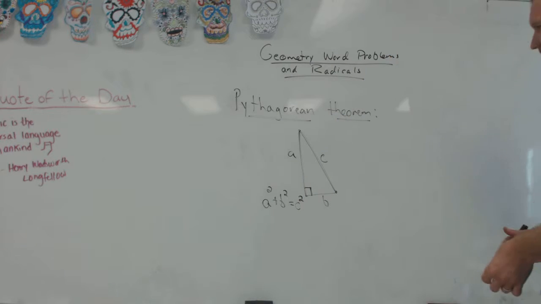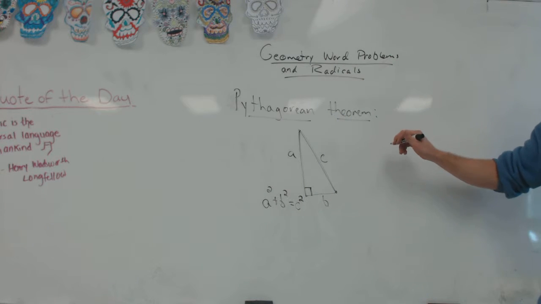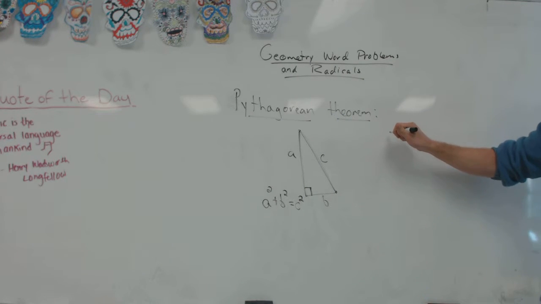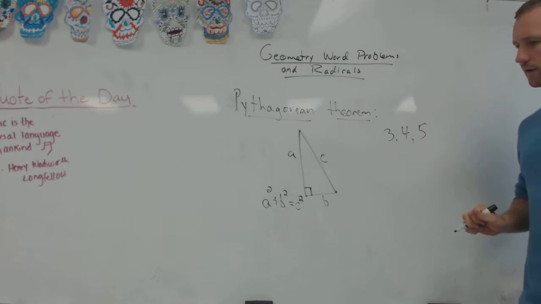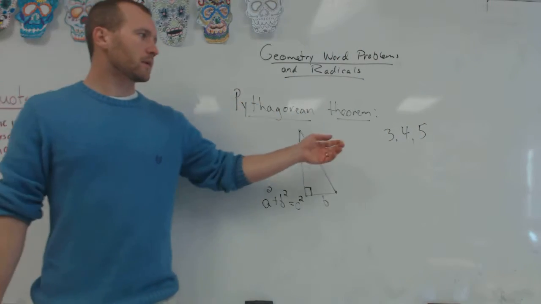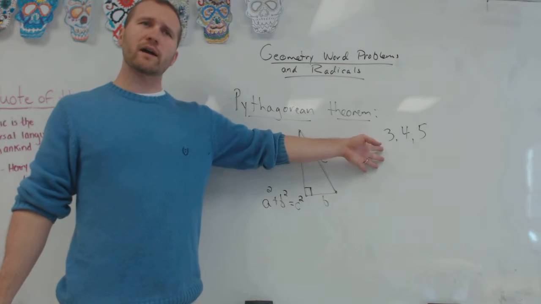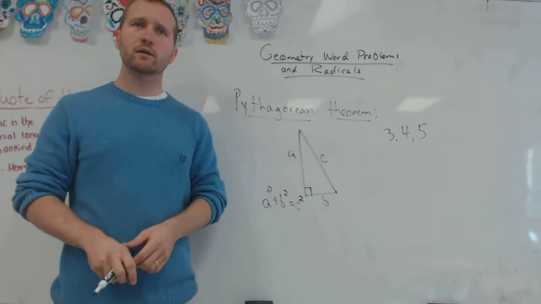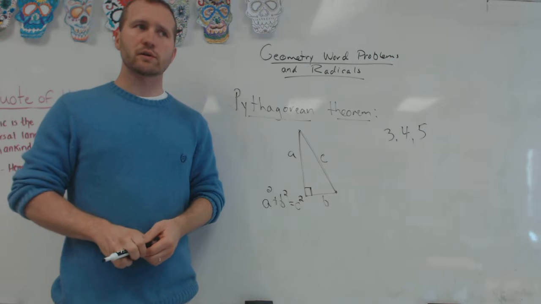One thing you can do is, someone can give you three lengths. I could say, are these three sides, 3, 4, 5, sides of a right triangle? How would you find out if 3, 4, and 5 are all sides of a right triangle? What could you do to figure that out?